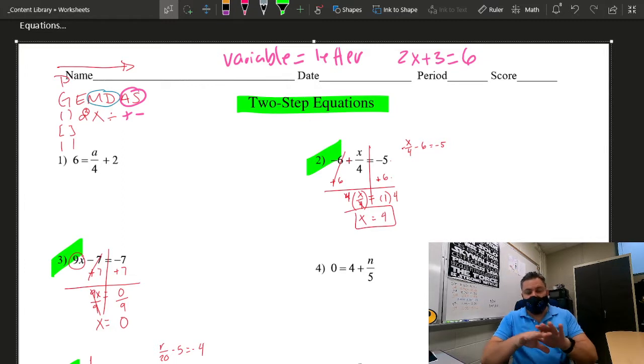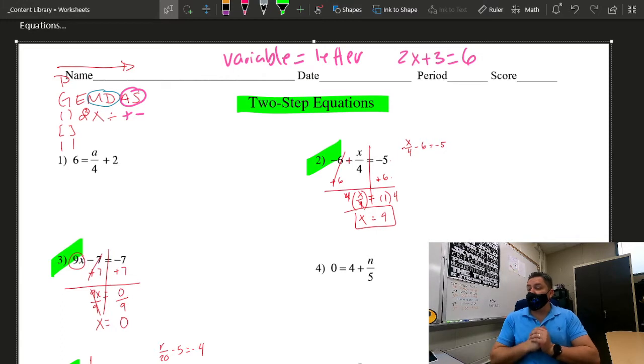So unless you have a group, if you have a standard equation like ax plus b equals c, the first step is going to be add or subtract, and then it's going to be multiply or divide. If you need to ungroup something, first you do the ungrouping, and then you add or subtract, multiply or divide.